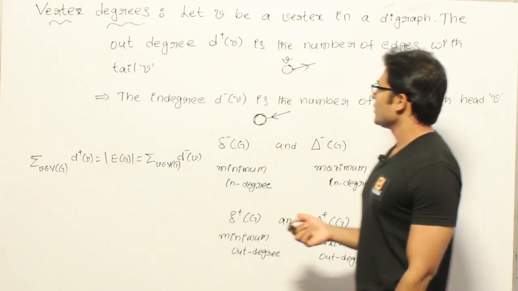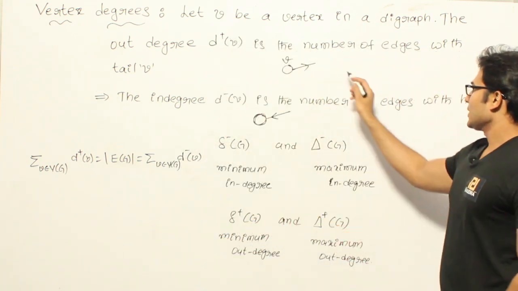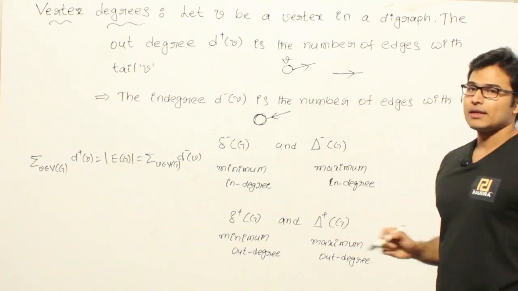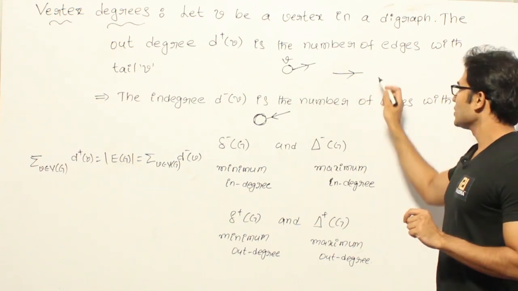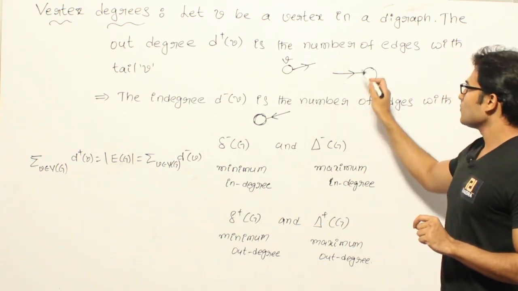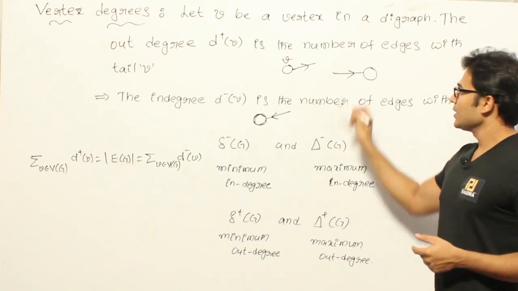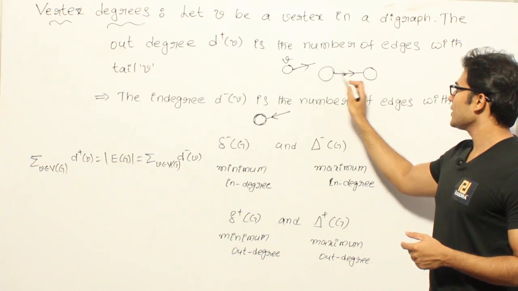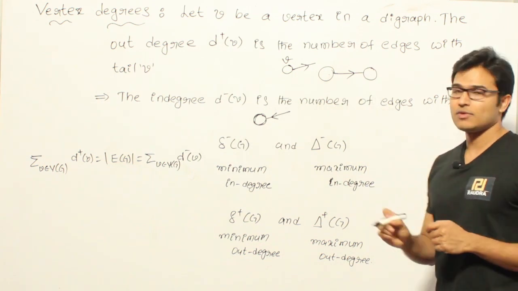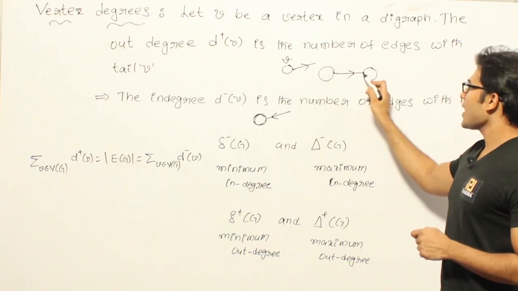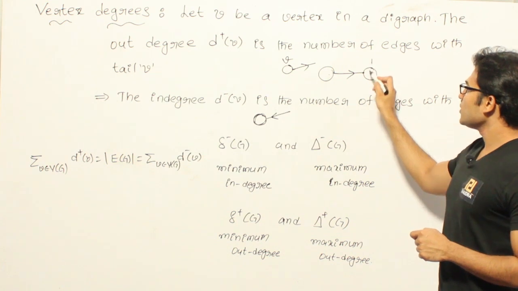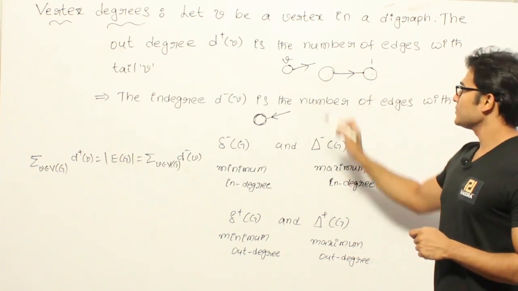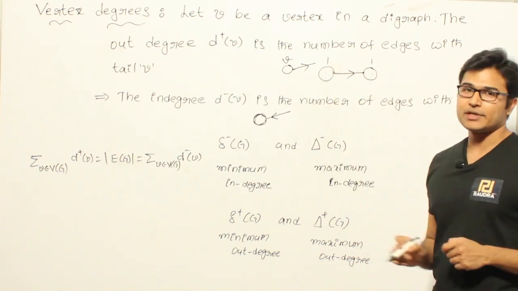And now if you observe it, every edge is going to contribute 1 to some vertex as in degree and 1 to some vertex as out degree, which means if we have an edge here in a directed graph, then it is going to add 1 to the in degree of this vertex as well as 1 to the out degree of this vertex.